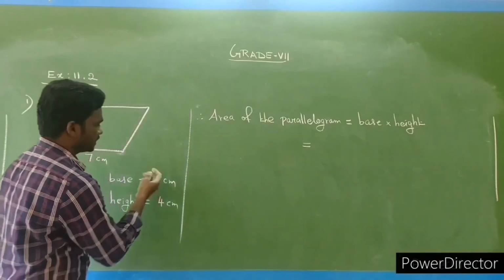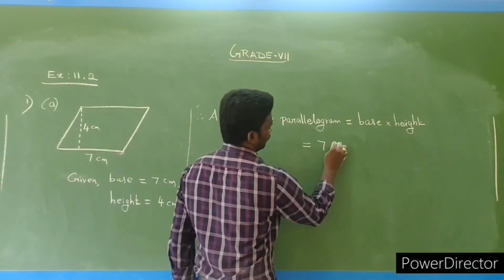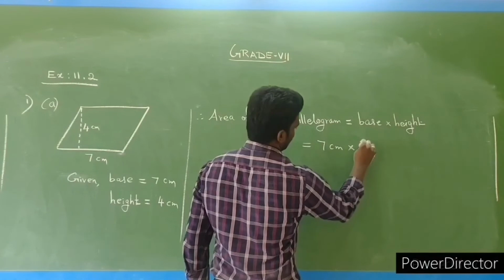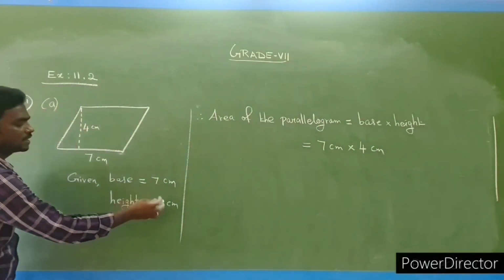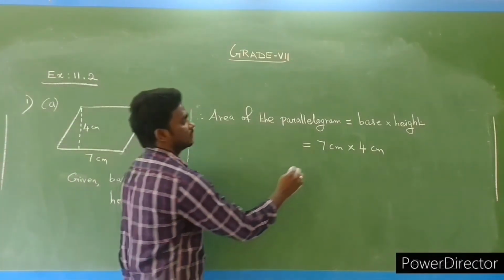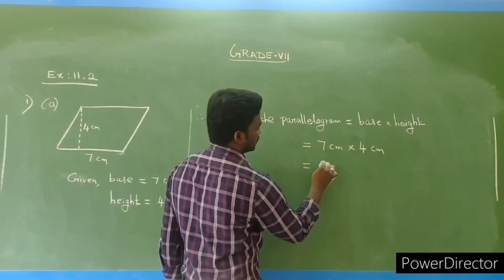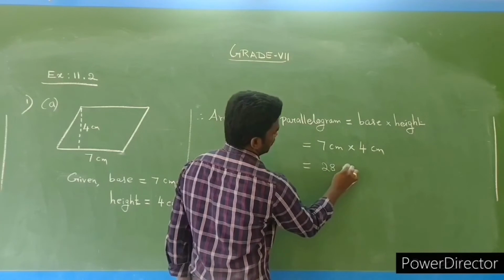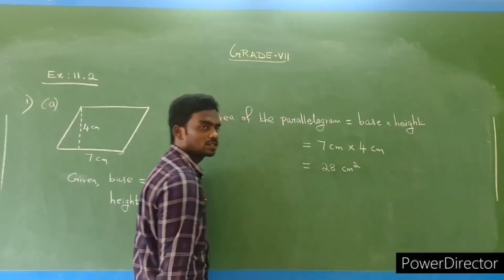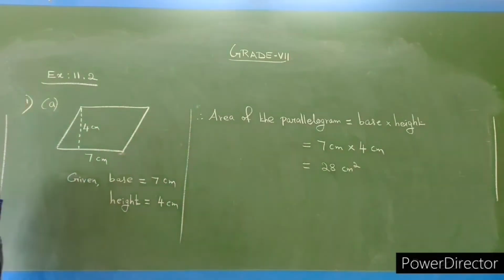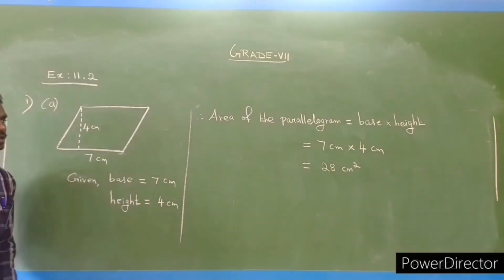The base value is 7 centimeter. And what is the value of height? 4 centimeter is given. Base is 7 centimeter and height is 4 centimeter, which is equal to, what is the value of 7 fours are? 7 fours are 28 centimeter square. Centimeter into centimeter, what is that? Centimeter square. So area of the parallelogram is equal to 28 centimeter square.